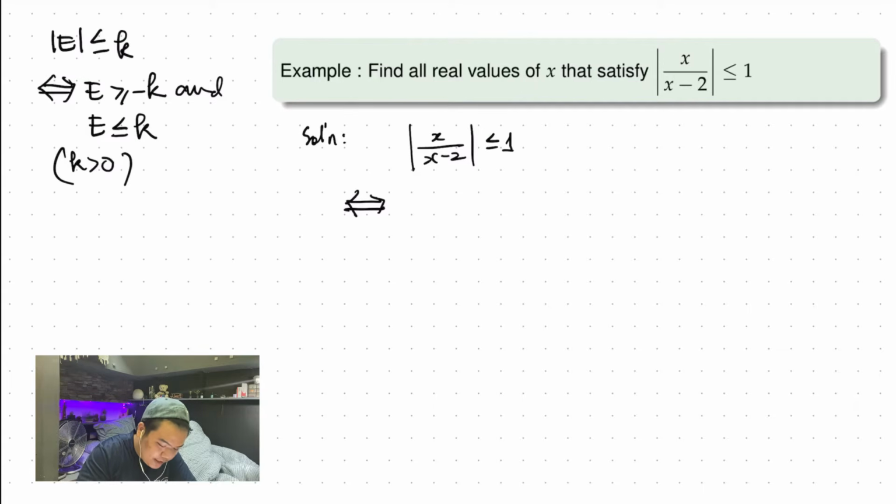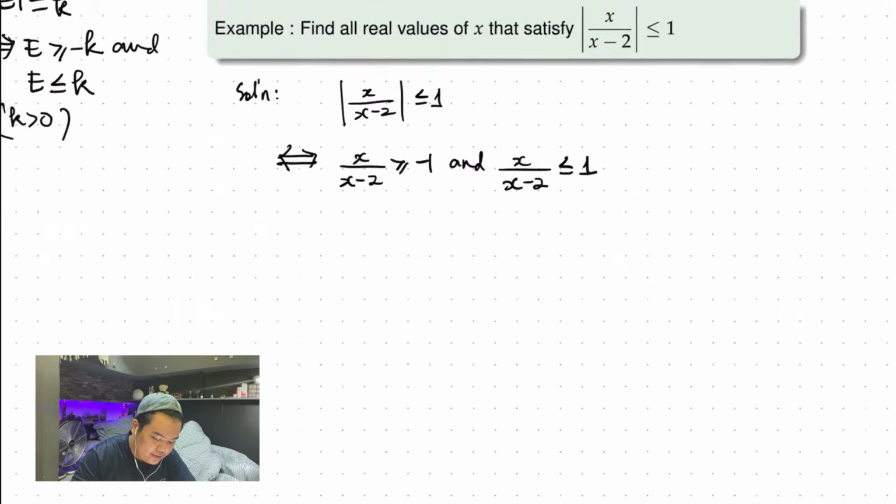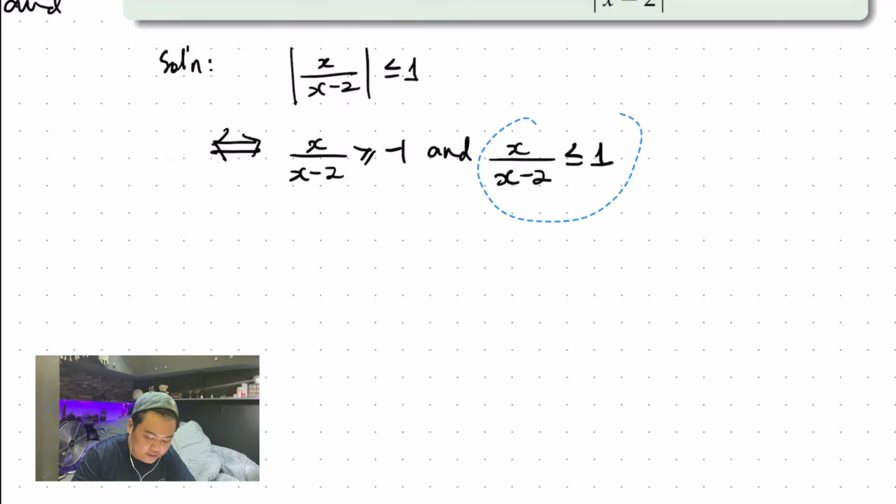So, ano yung E natin? This is our E. So, E is greater than or equal to negative 1 and x over x minus 2 is less than 1. So, i-compute natin yan. Kailangan ko ng space kasi dalawang inequality yung gagawin natin.